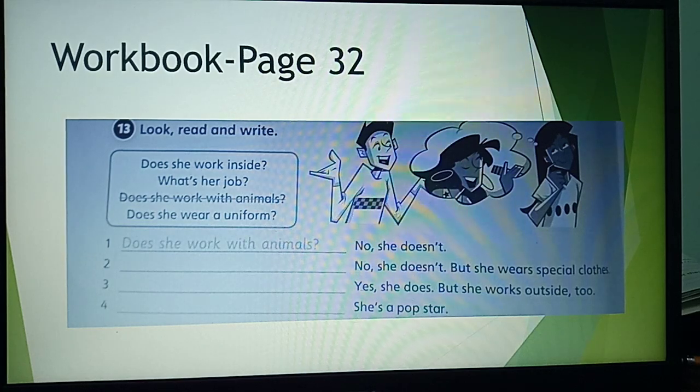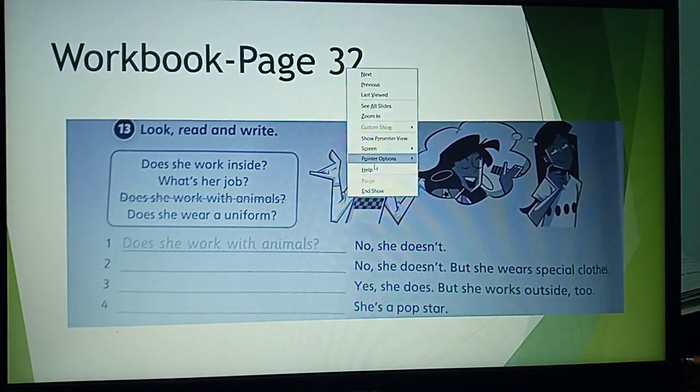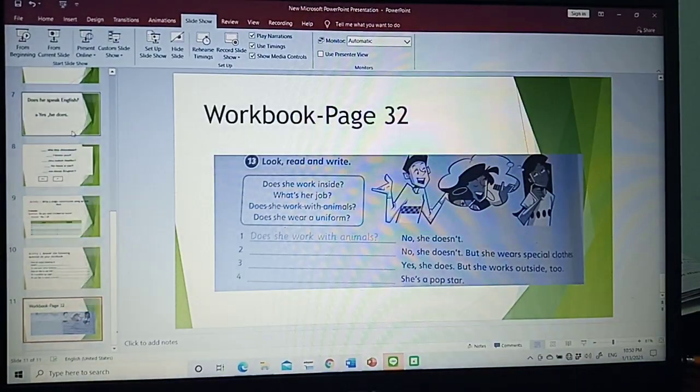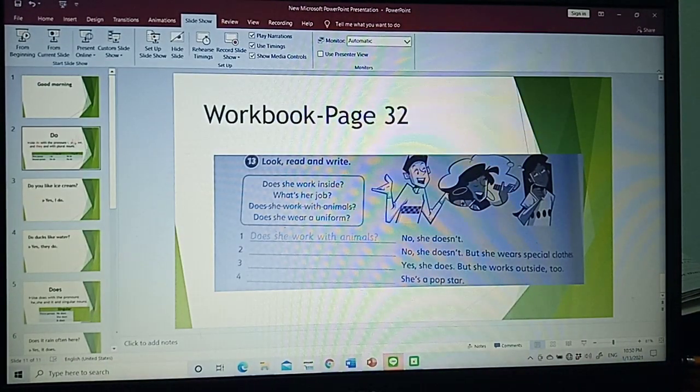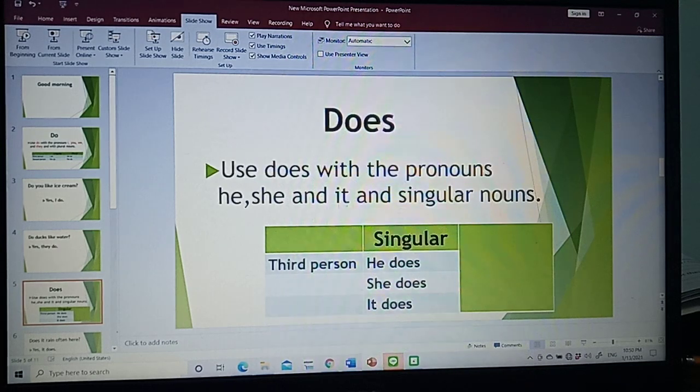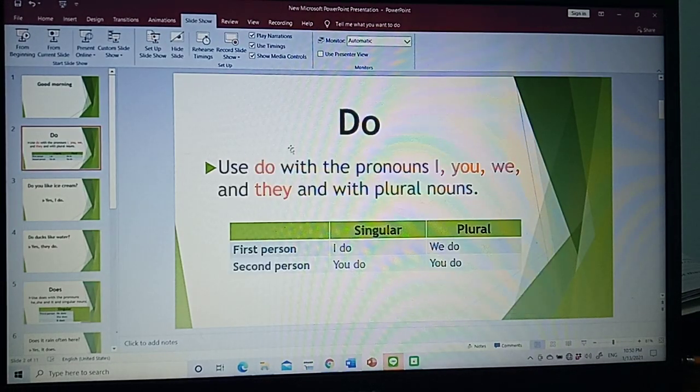So, we're going to summarize first our lesson before we end. Today we learned about do and does. We are going to use do if the pronoun is I, you, we, and they, and with plural nouns.